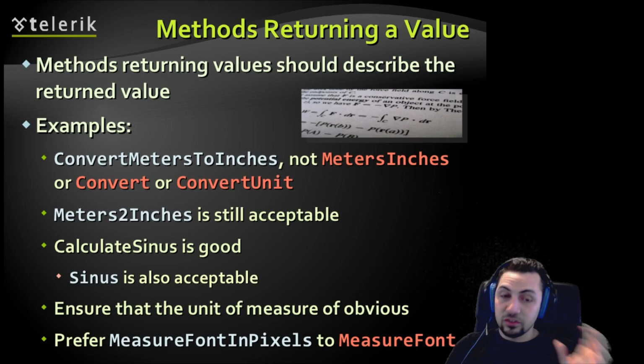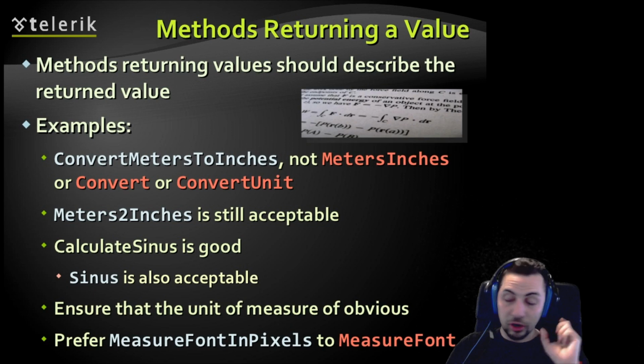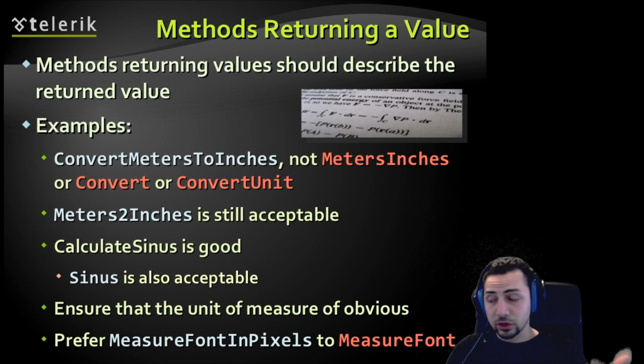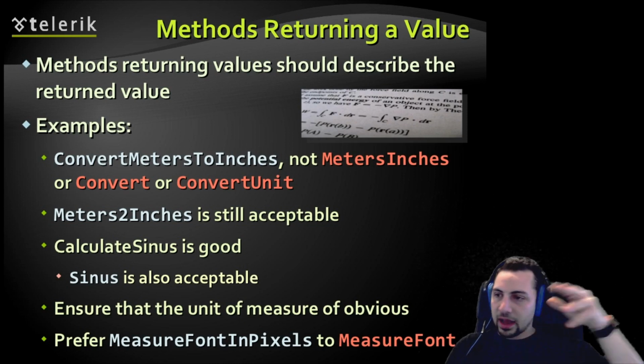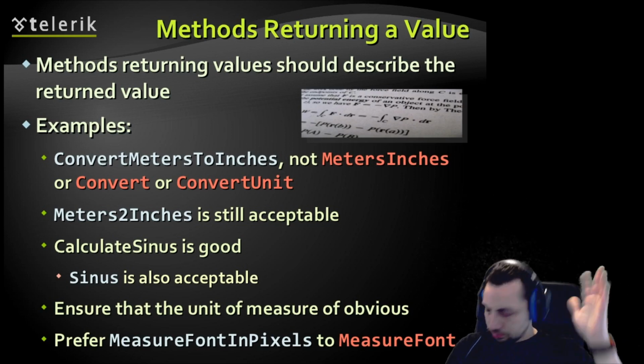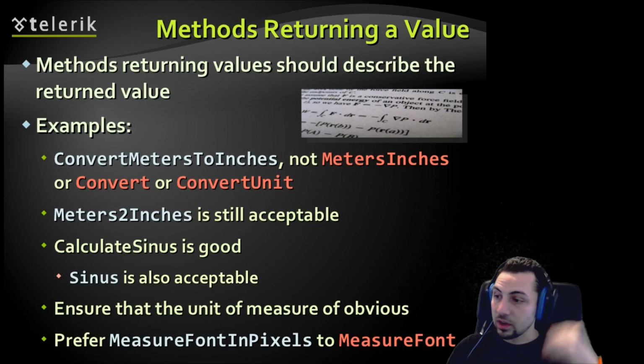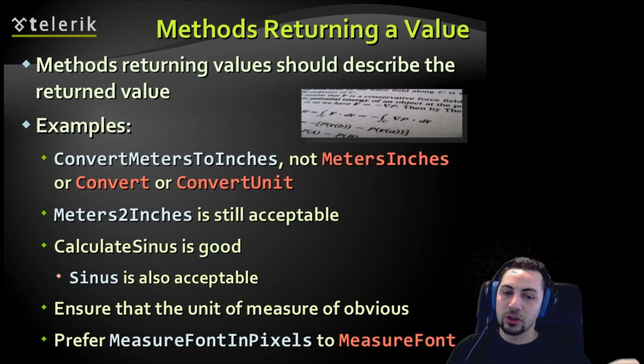Unless, and I could foresee a case where convert unit has many different conversions that it could do, and one of the arguments is some sort of an enumeration like F to C, or Rankine to Kelvin, or something else. Okay, so if it's an argument that specifies how you're going to do it, you could say just convert unit. But if it's a single purpose function, convert meters to inches, spell it out.